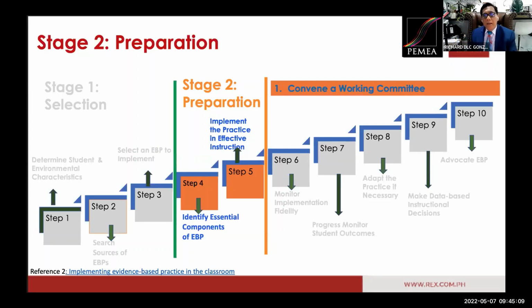So here, it is necessary for you to convene a working group. A working group will often provide training, the materials, the technical assistance, and the guidelines on how to implement the EBP that you have identified with fidelity, while adapting to meet the school's sociocultural as well as linguistic needs, as well as the needs of your students.